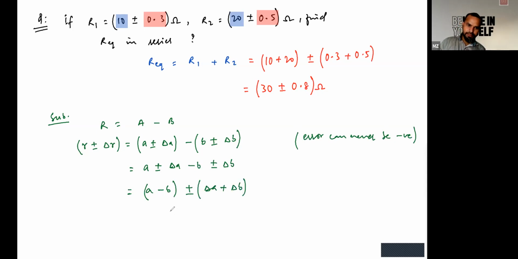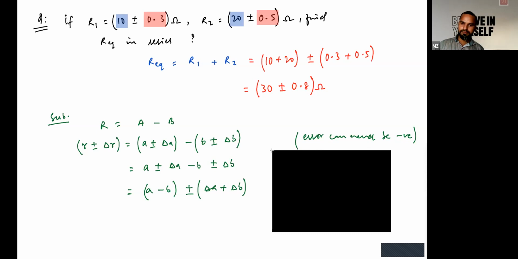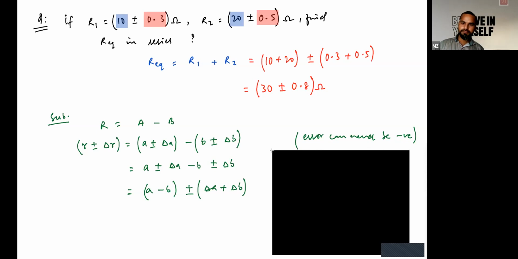Now compare these two different terms. You will get your answer as: your true part from this calculation is a minus b. Error part is a plus b.